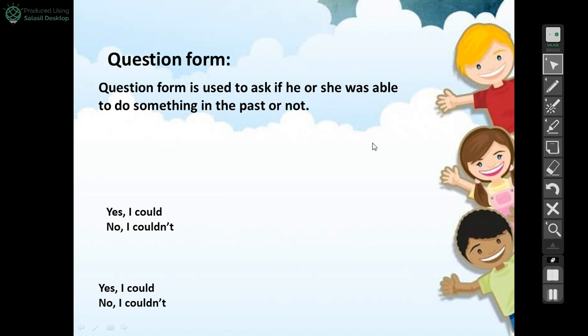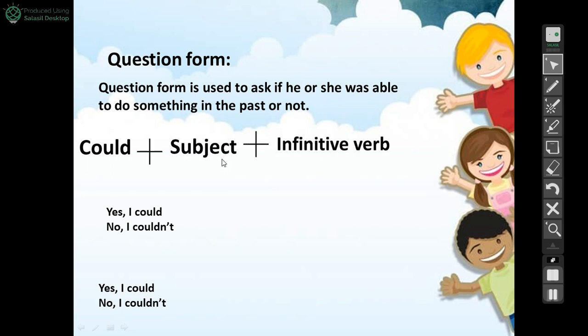Now, the question form. Here, the question form is used to ask if he or she was able to do something in the past or not. هنا نستخدم شكل السؤال لنسأل فيما إذا كان هو أو هي كانت قادرة على فعل شيء في الماضي أم لا. Here, the form of the question is: could plus subject plus infinitive verb, and the complement of the question, and don't forget the question mark.